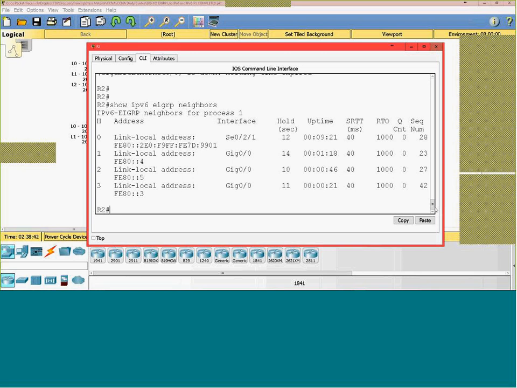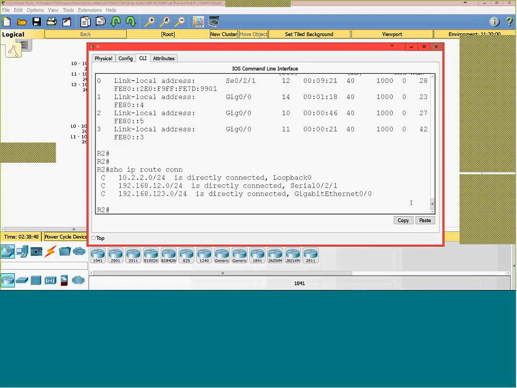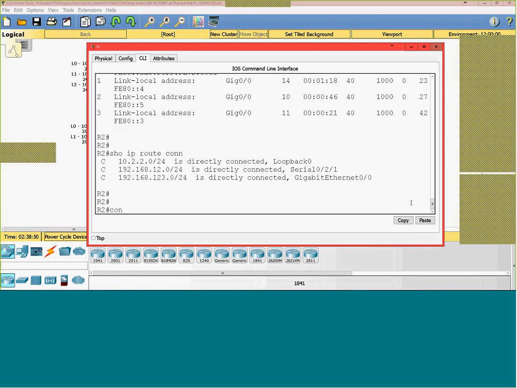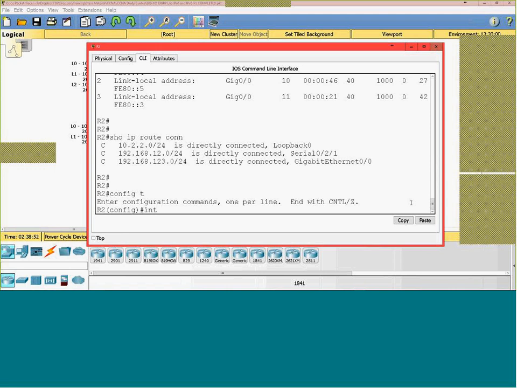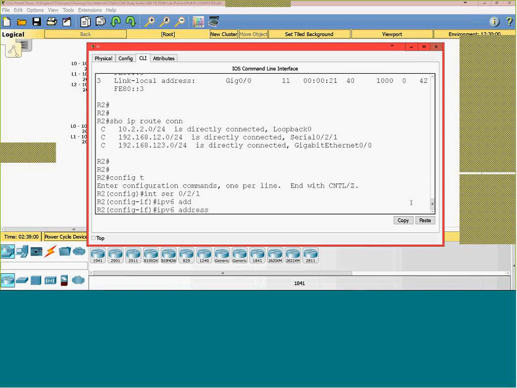All right. What's even better is that in router 2, if I do a quick show ip route connected, config t, interface serial 0/2/1, I can say ipv6 address FE80::2, because this is router 2, link-local.